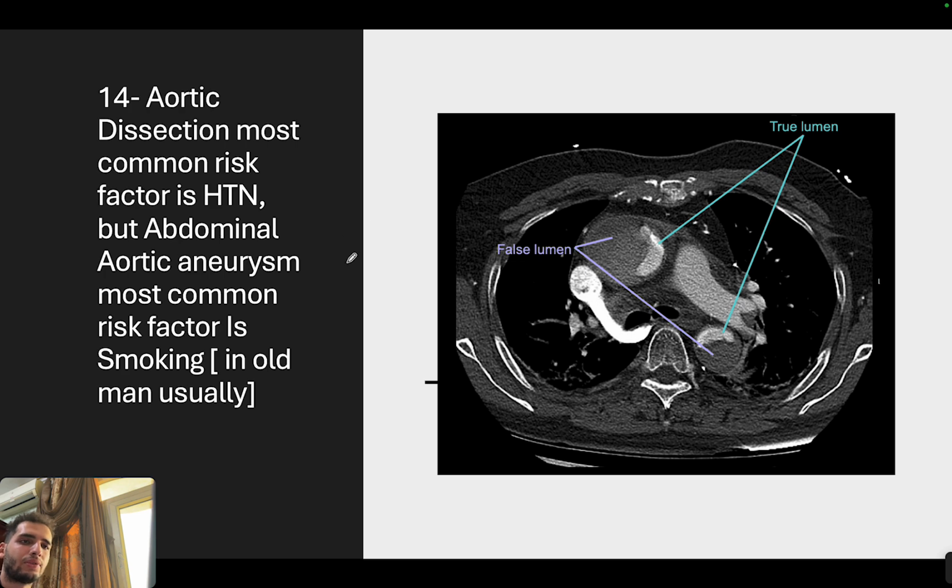Now the next concept is aortic dissection. What you need to know about aortic dissection is that the most common risk factor for it is hypertension. This is inverse to abdominal aortic aneurysm, which usually happens in an old person or old man, and the most common risk factor for it would be smoking, okay? And this makes sense.